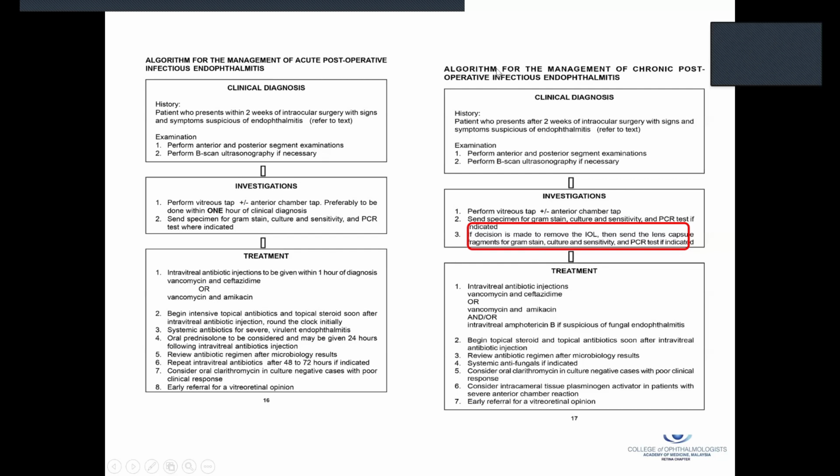But in the case of the chronic postoperative case, you may remove the IOL. The organisms tend to be more indolent, so you could have fungal organisms as well, and the treatment would therefore include antifungals. So this is a comparison of the two algorithms, which you can read in more detail. It's not really the purpose of this talk to go into such detail.